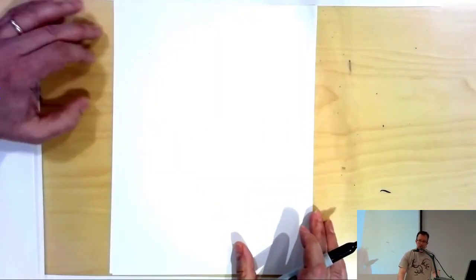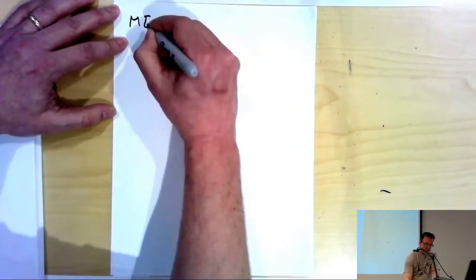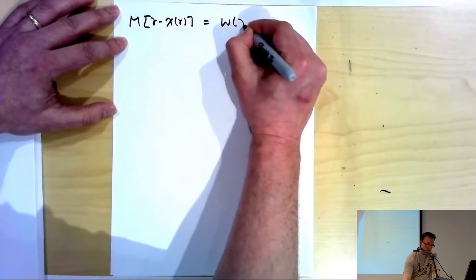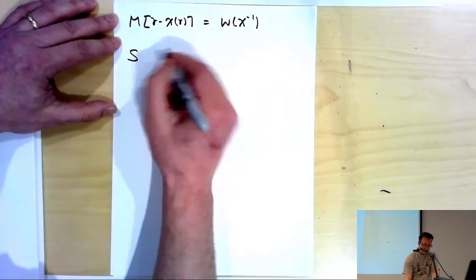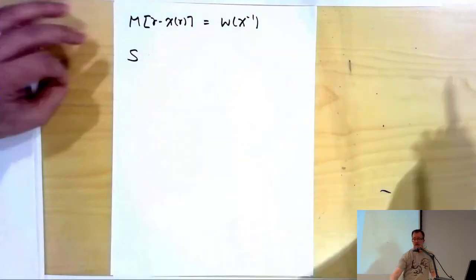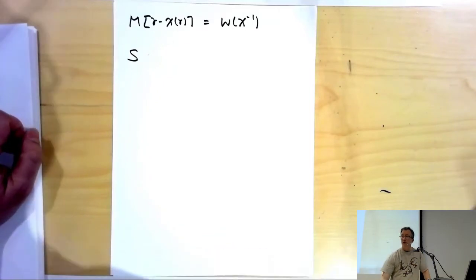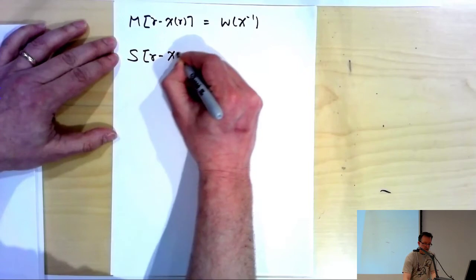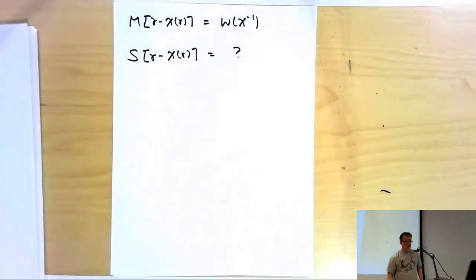And so the question might be, as we said before, if M gamma minus chi of gamma is W of chi inverse, one might ask, what is S? We have an action of lambda on M, and that carries over to an action of lambda on this Selmer group. And so we could ask, what is this?